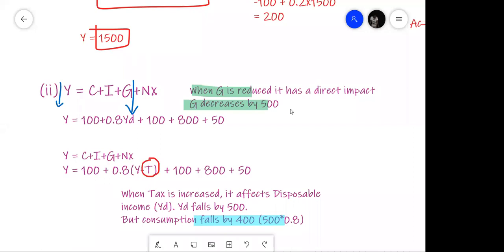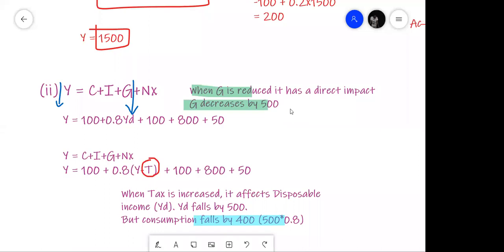The government spending is having a higher impact because it has a direct impact. It directly goes and affects a component of aggregate expenditure. But when you increase taxes, it doesn't directly affect your aggregate expenditure. It first goes and affects your disposable income.